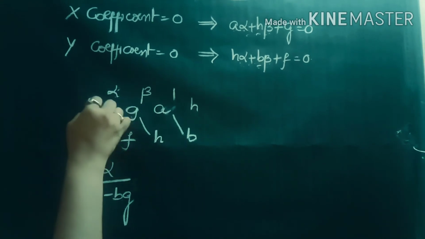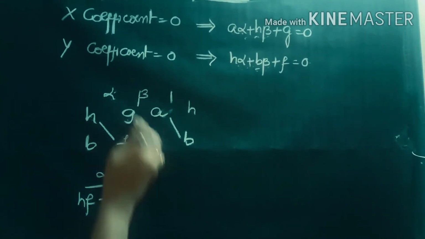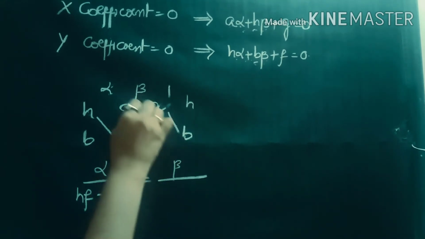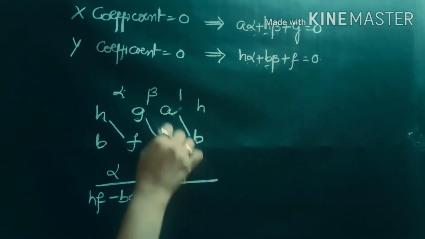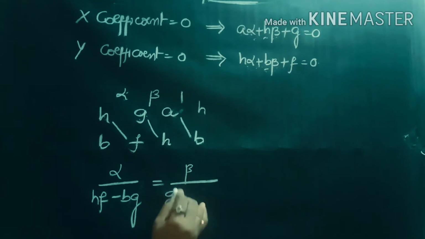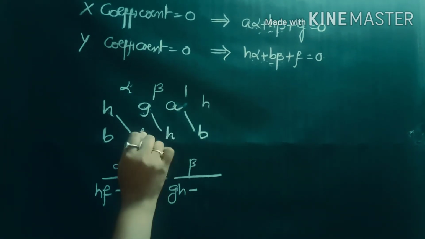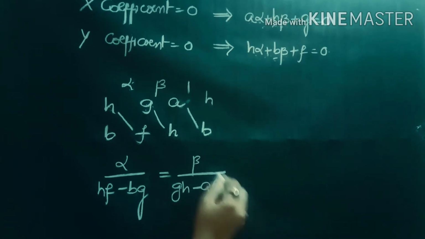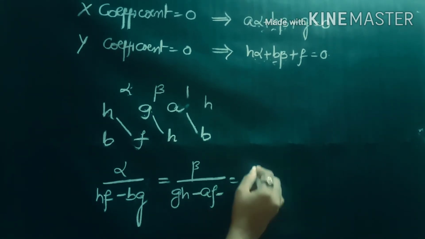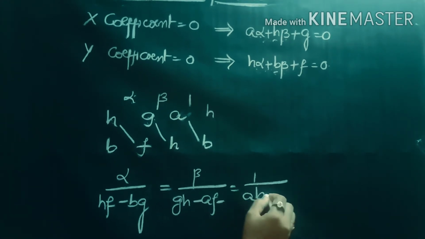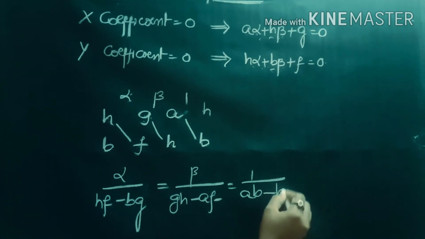So alpha by hf minus bg is equal to beta by, again we take the product gh, minus the product af, is equal to 1 by ab minus h square.